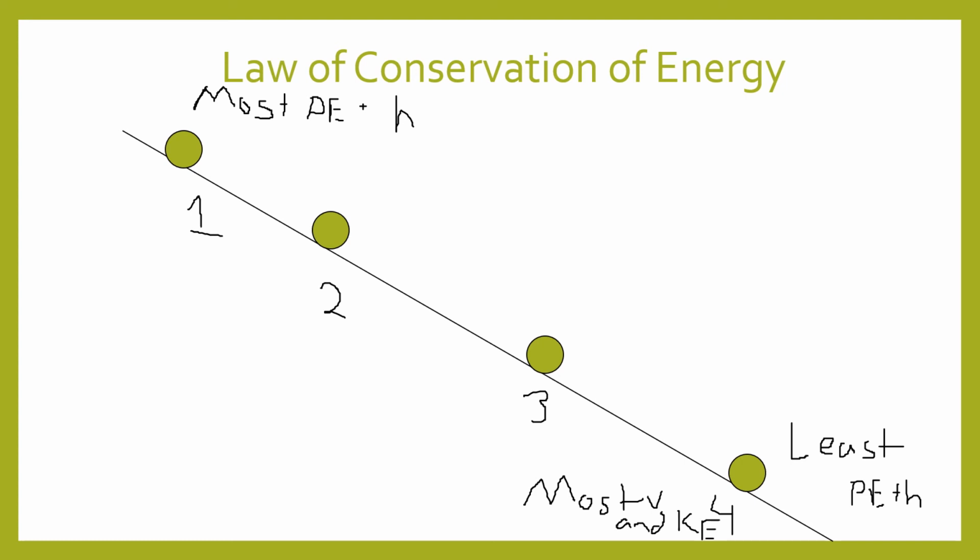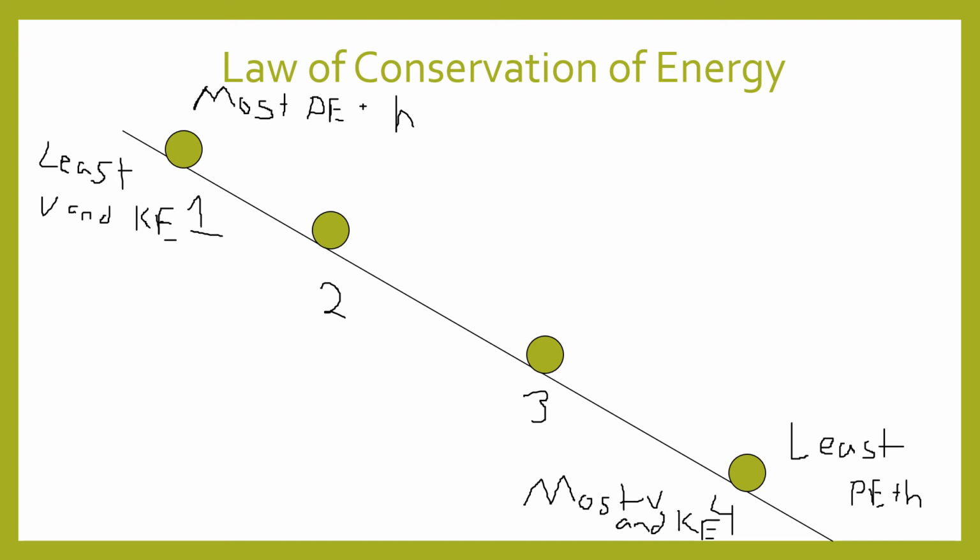And when is it going the slowest? At the top. At the top, it has the least V and KE. You could almost think of potential and kinetic energy as inversely proportional relationships: where you have a lot of PE, you have little KE, and where you have a lot of KE, you have little PE, because the energy is transferring. As the ball rolls down the hill, it loses height, so it's losing that energy.